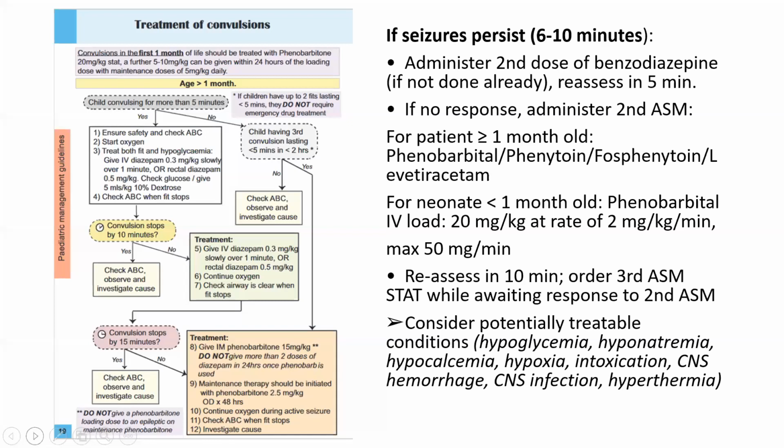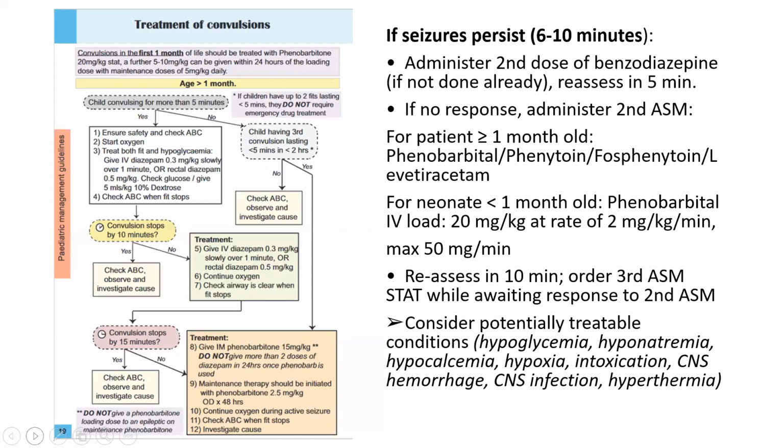So for an epileptic who is currently using phenobarbital as a maintenance dose, you will want to use a different anti-seizure medication like phenytoin or levetiracetam to stop the current seizure. We treat status epilepticus in neonates in a different way, not providing benzodiazepines as the first line medication. We do start with phenobarbital as the first line anti-seizure medication.